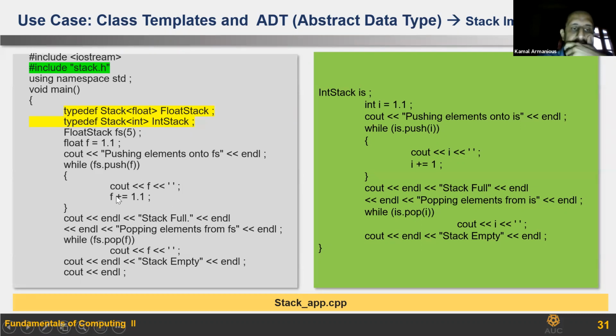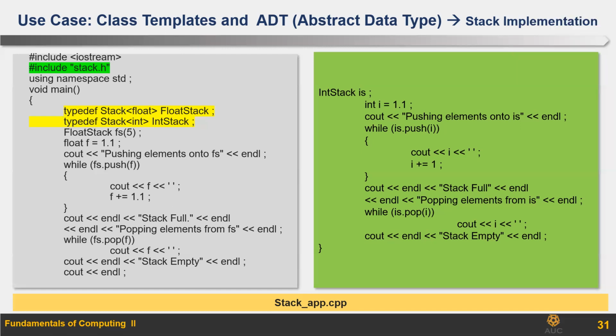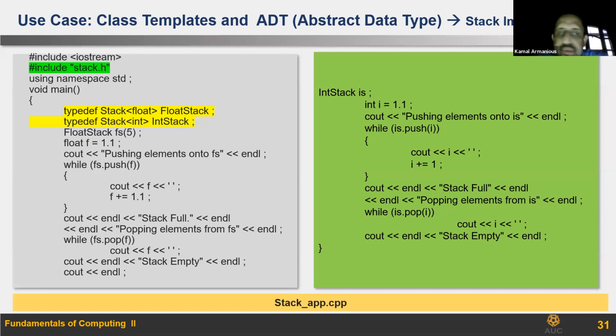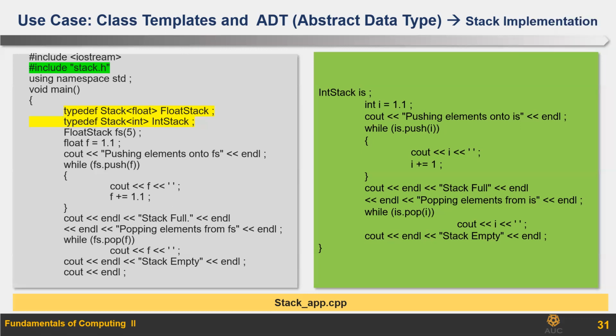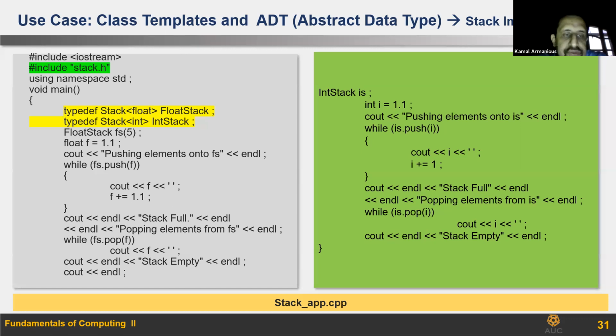Before repeating the loop, f plus equals 1.1. So f will be equal to what? 2.2. Okay, so I am pushing another element in the stack, which is 2.2. And 3.3, 4.4 and 5.5.